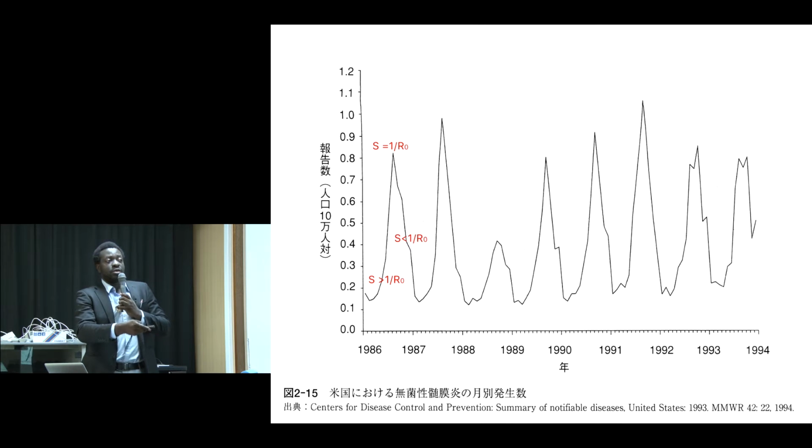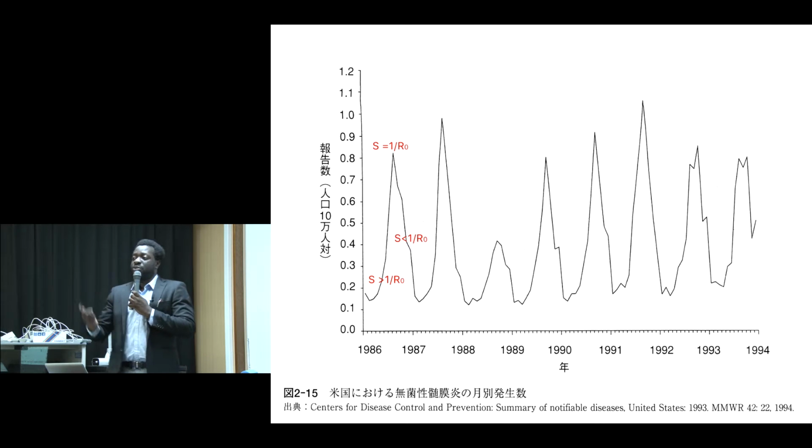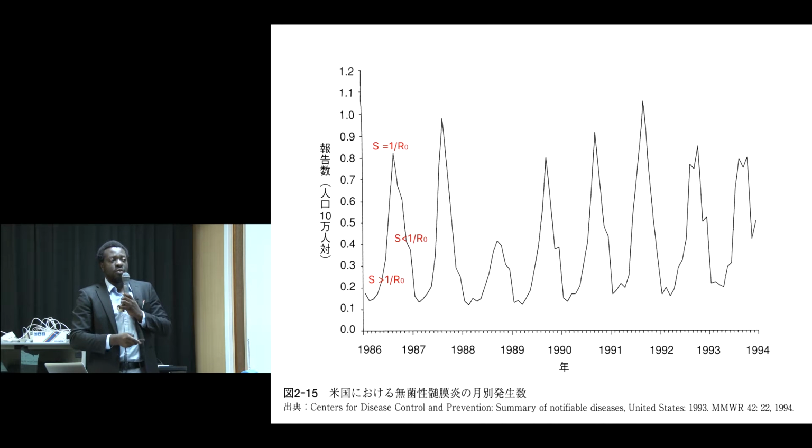The next wave will come only when the proportion of susceptible becomes greater. So that's why we have this waving over time of epidemics. So the factors to consider here are the number or proportion of susceptible, and R0.